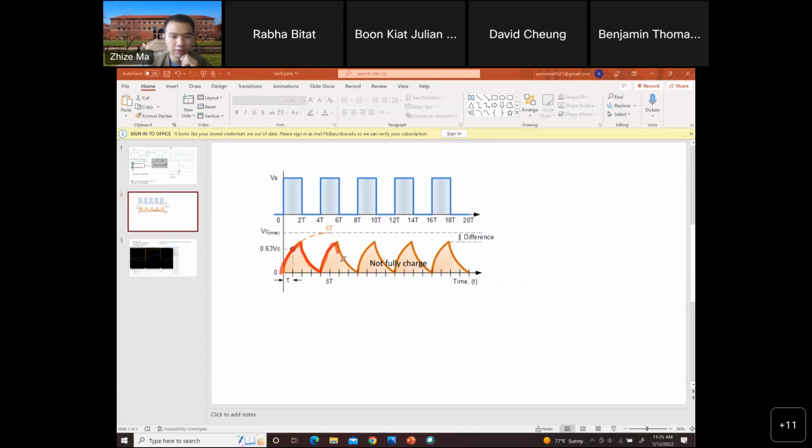That's because the frequency is too high, and the time is not enough for the capacitor to fully charge. If you have something like this, you may not be able to see the time constant point. So what you need to do is reduce the frequency until the capacitor can be fully charged.